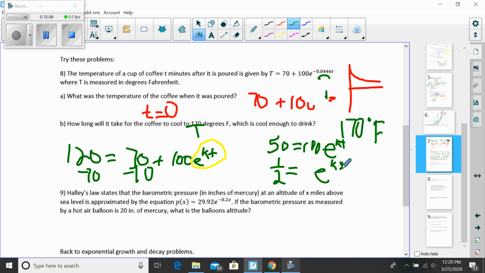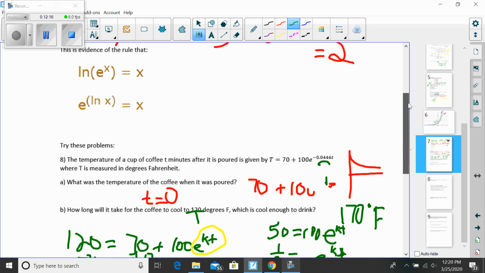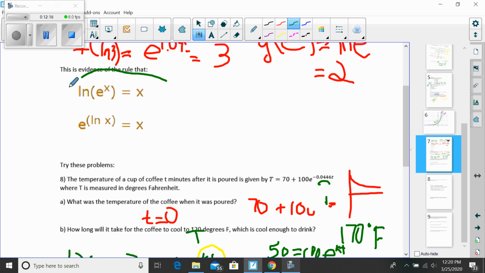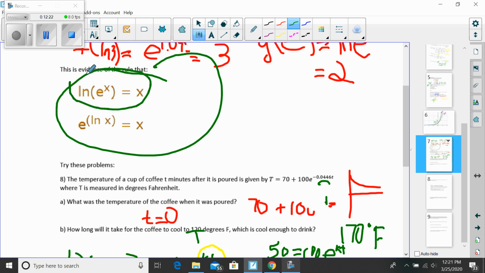Now, how do I get t alone? I'm trying to solve for t. And what I end up doing is using this, particularly the first part of this right here. So this is what I'm using.